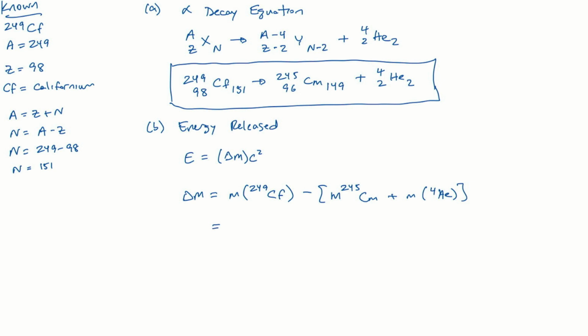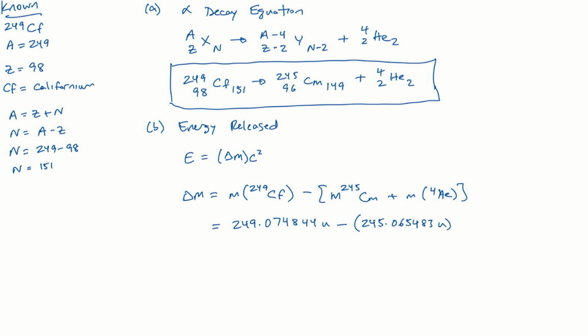Okay, and so californium is 249.074844 atomic mass units. Cm is 245.065483.